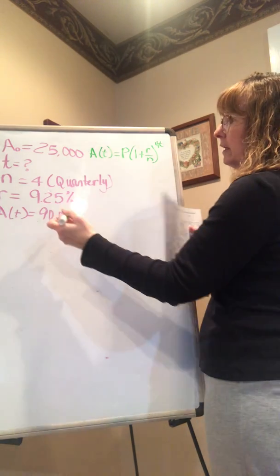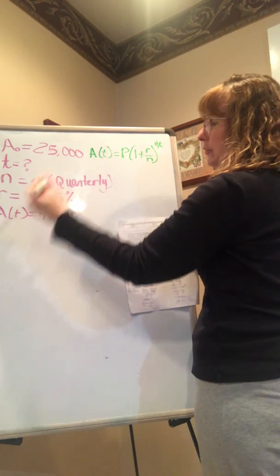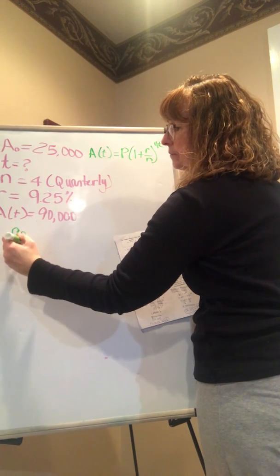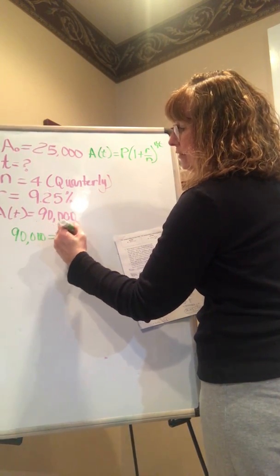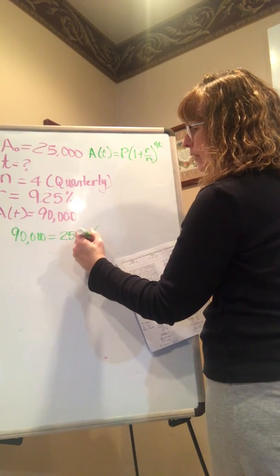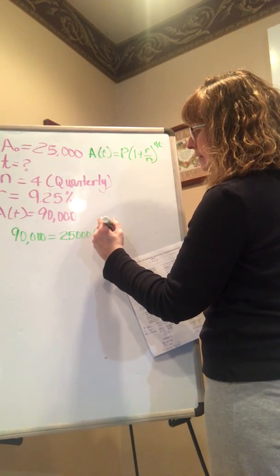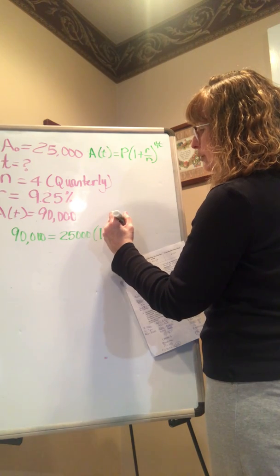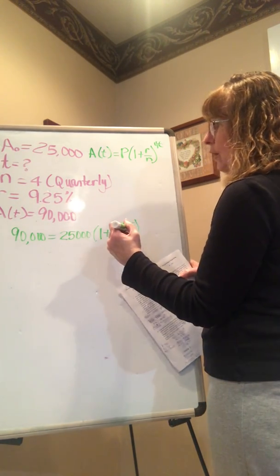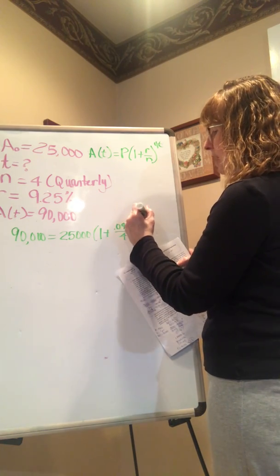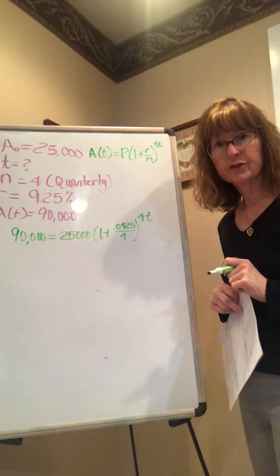So now we plug in, the 90,000 goes here. The initial amount is the 25,000. And then we have 1 plus the 9.25% divided by 4, raised up to the 4 times the number of years.